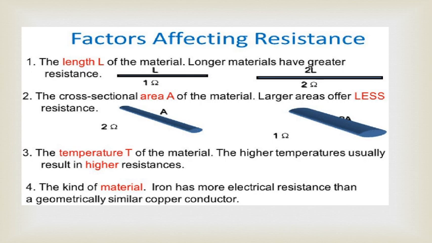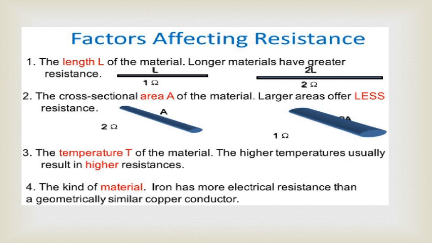So resistor, as we say, resistance is a fixed value, but the resistance is affected by a few parameters. Mainly the three parameters are the length of the conductor, cross-sectional area of the conductor, temperature of the conductor, and the kind of material which we have selected.